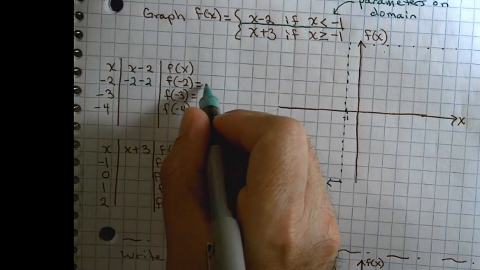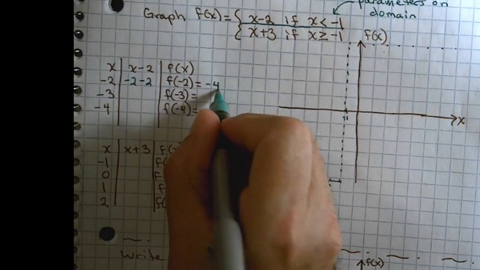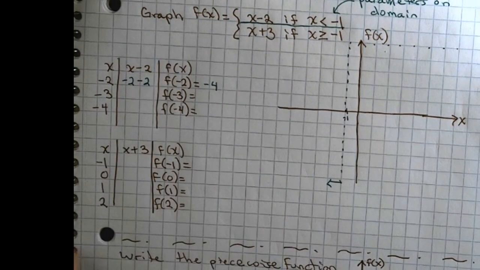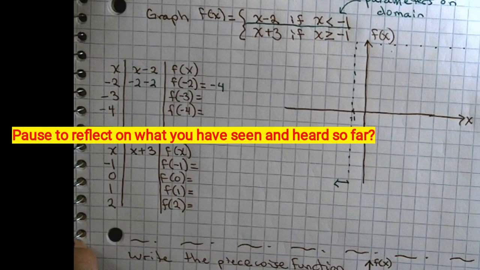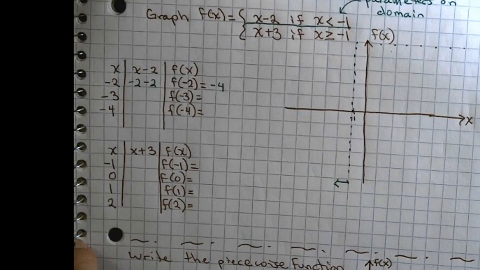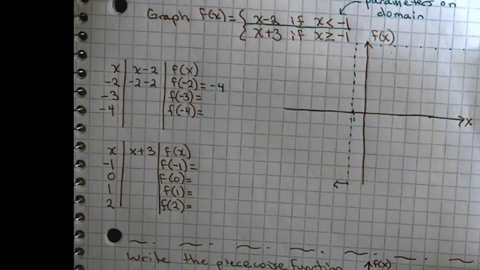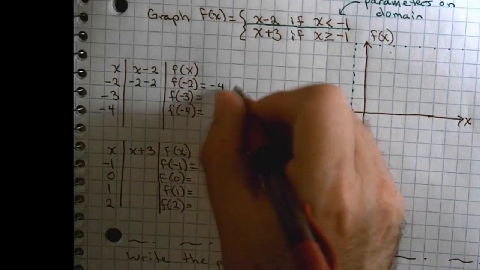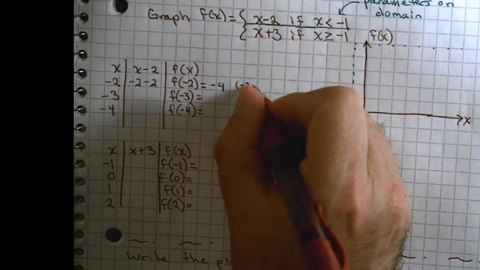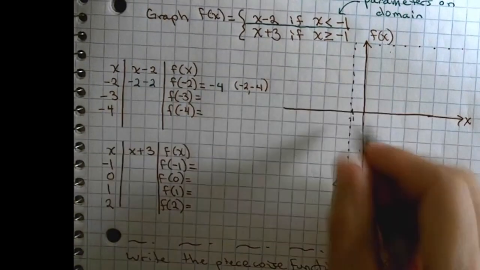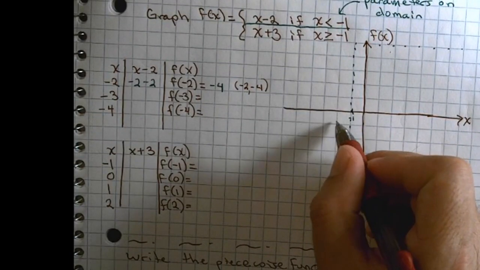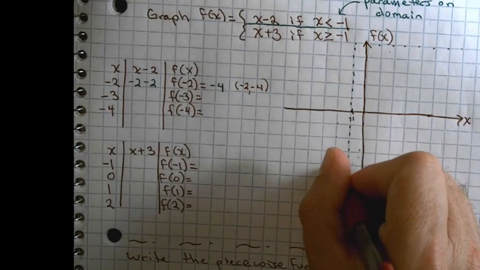Well, that's equal to -4. I'll pause there for questions. So what we have here is the point x -2, f of x -4, which I can plot on my graph.